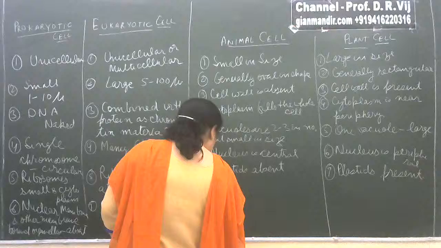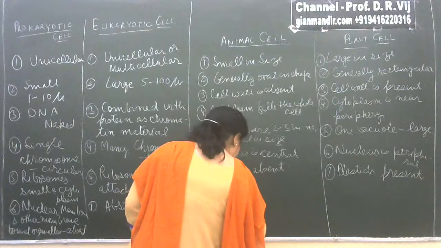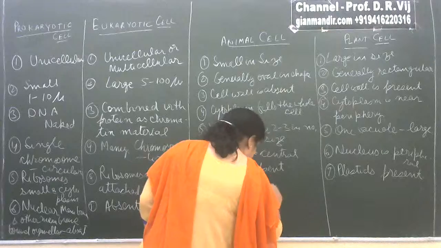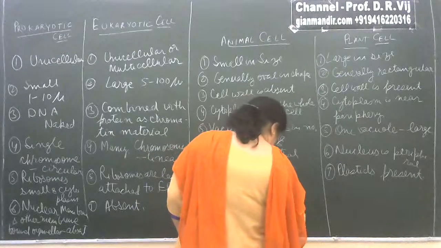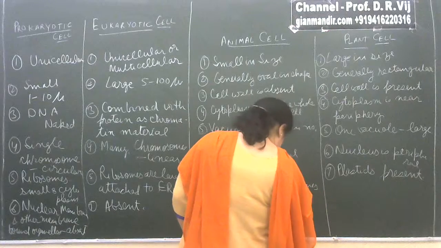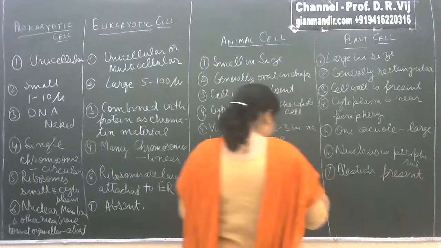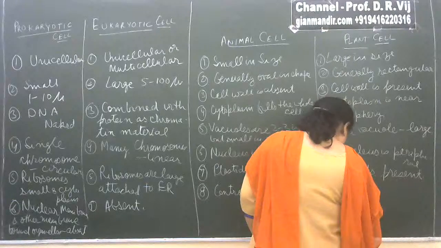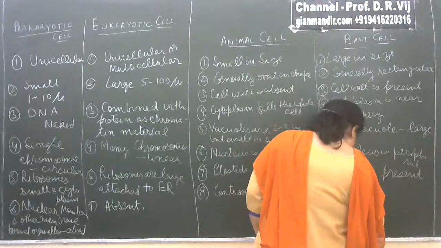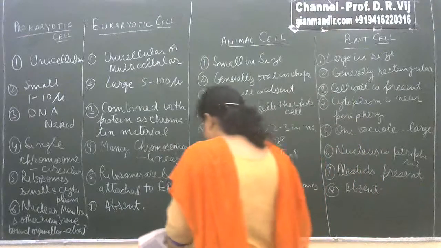In animal cells centrosomes and lysosomes are present, and in plant cells both of these cell organelles are absent.